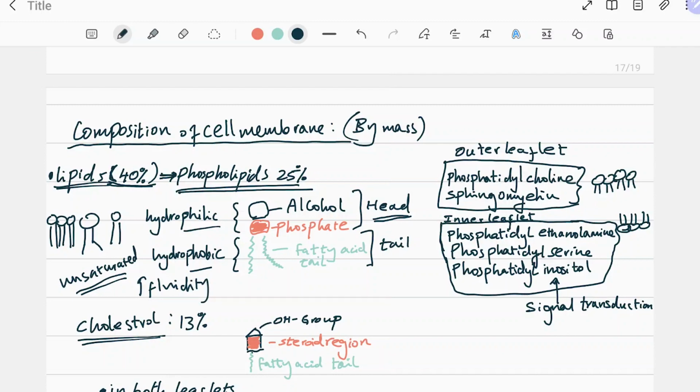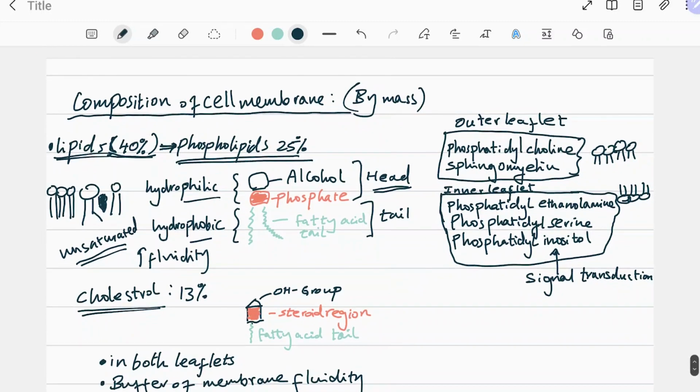So your unsaturated fats, your polyunsaturated and monounsaturated fatty acids, you get them from fish. Arachidonic acid, linoleic acid, they all make up these kinked fatty acid chains, and cholesterol usually hangs out somewhere in between this kink also, acting as a buffer for fluidity.